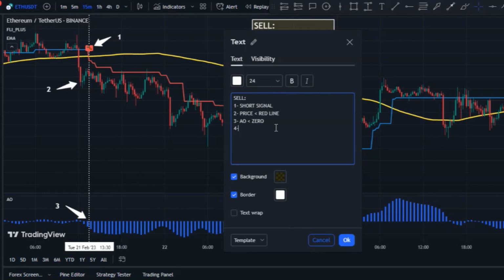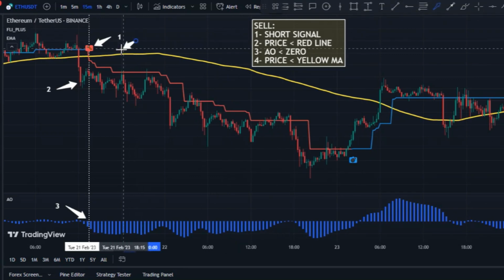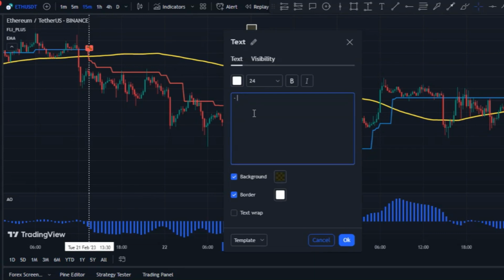And to confirm entering the trade, ensure that the price action is below the yellow moving average. At this point, you can enter the short trade at the close price of the trigger candlestick.